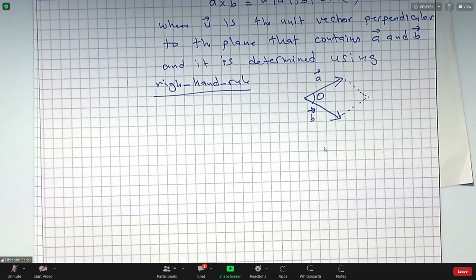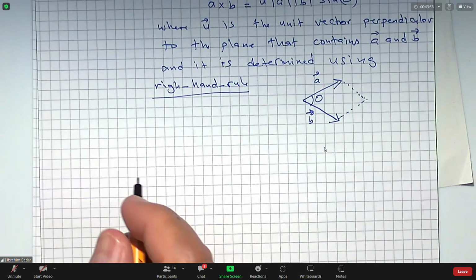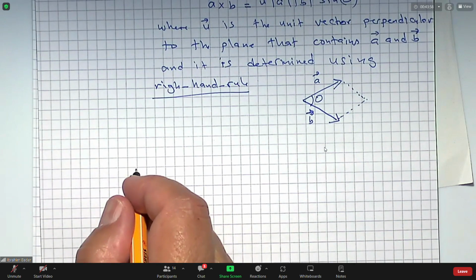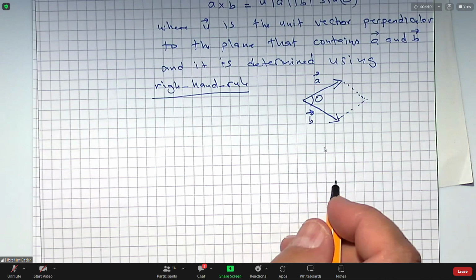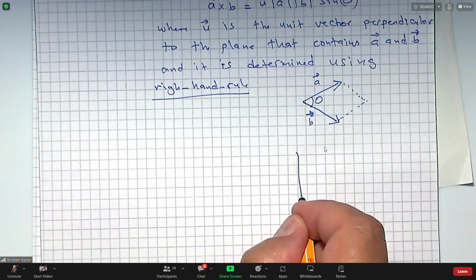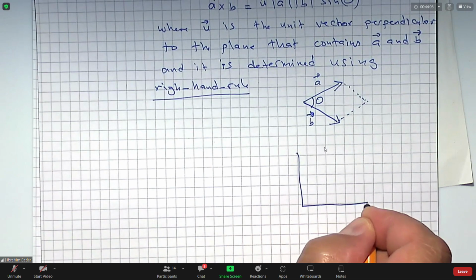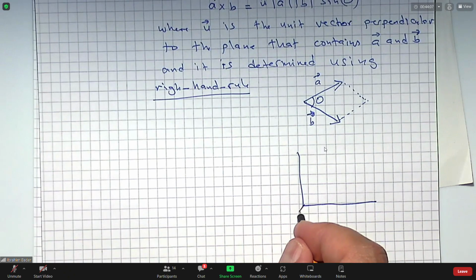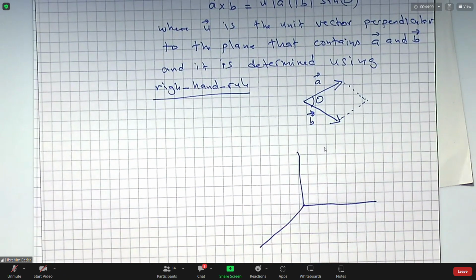Okay, so let's agree on the following. You remember we said that if we have the three-dimensional plane here, we are talking about three-dimensional vectors. So let's assume I have this three-dimensional plane.